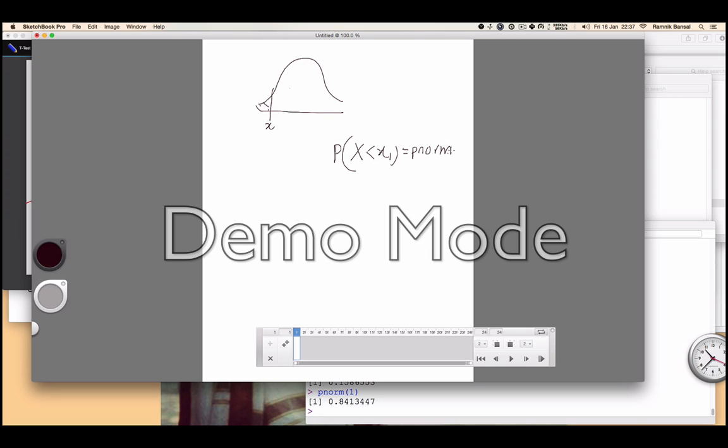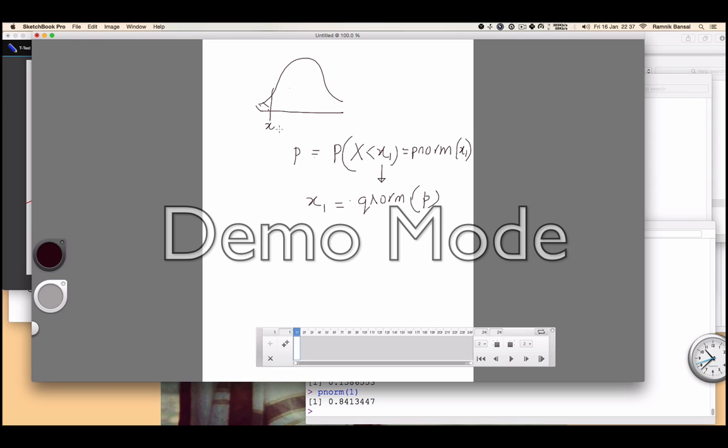What if I know the probability? Let me call it P value, and I want to find out X1. So basically X1 is equal to Q norm of P. It is basically the quantile of P.